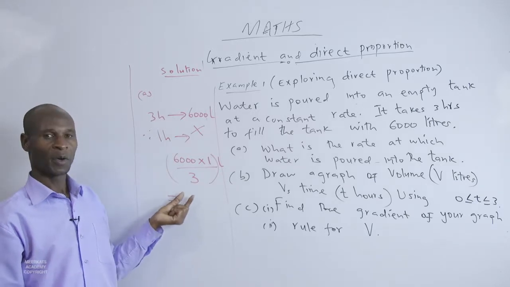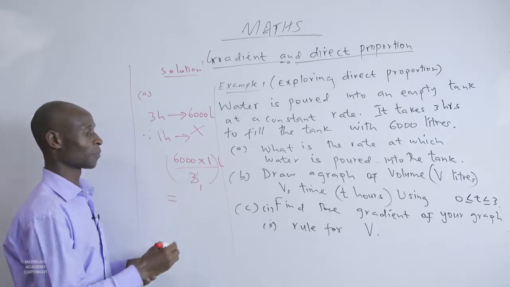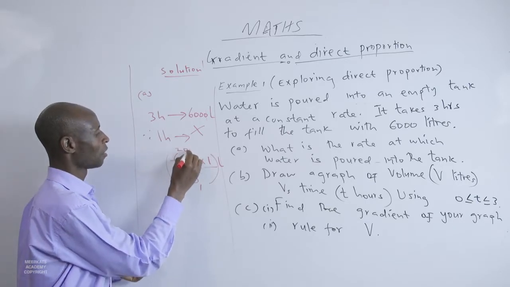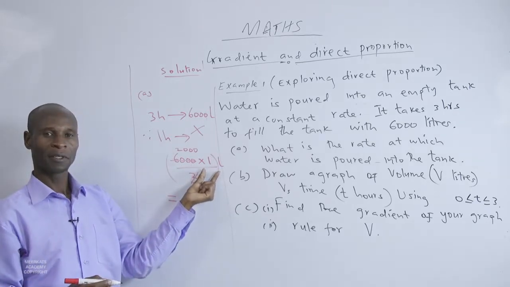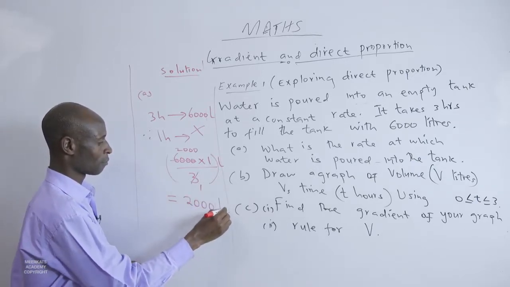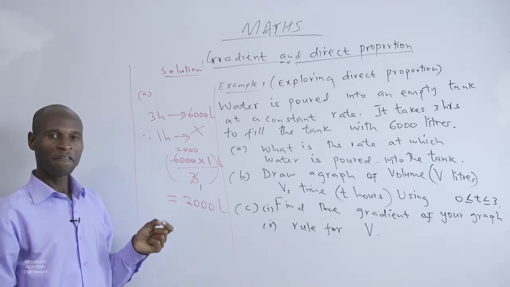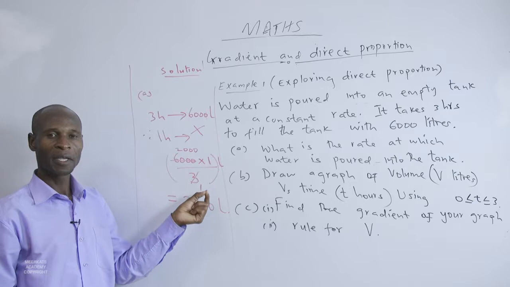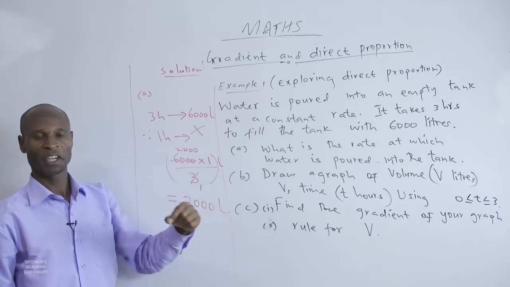In this case, we cancel out 3. Then we take 6,000 divided by 3, which gives us 2,000. So if we take 2,000 multiply by 1, the result is 2,000 liters. So that means after every 1 hour, 2,000 liters of water will be inside the tank. And that is the rate at which water is poured into the tank.